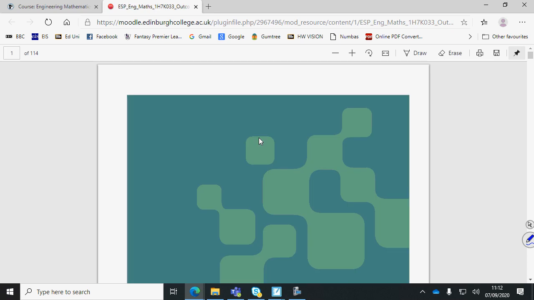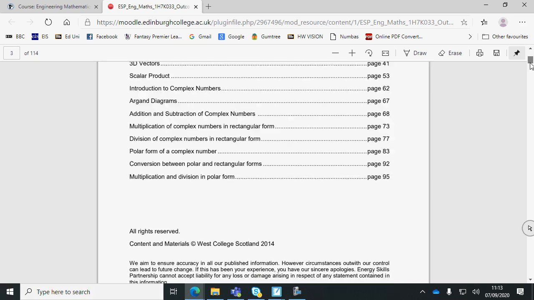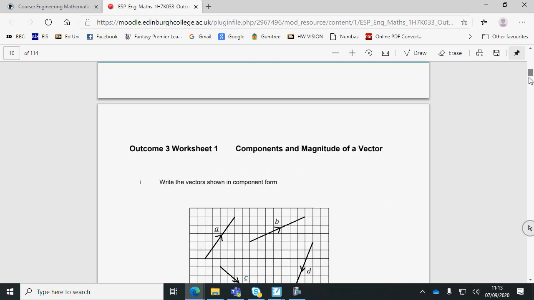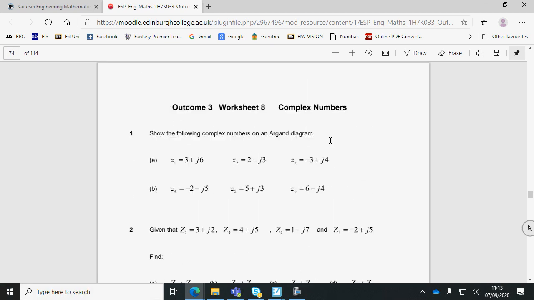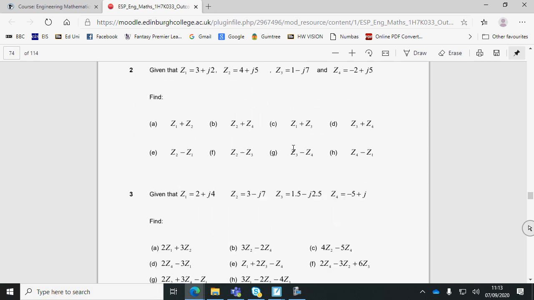Now, the notes are the ones I've just been doing. So you then need to go and find worksheet 8. It's towards doing the second half of the outcome here, and this is on page 72. So worksheet 8 on page 72.